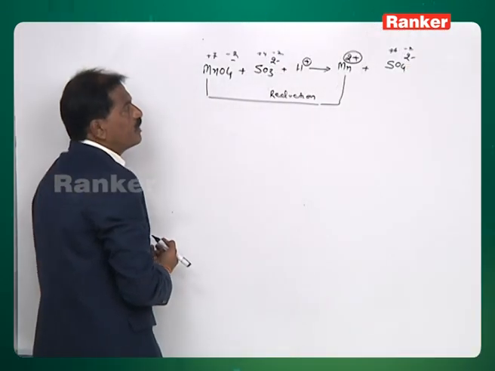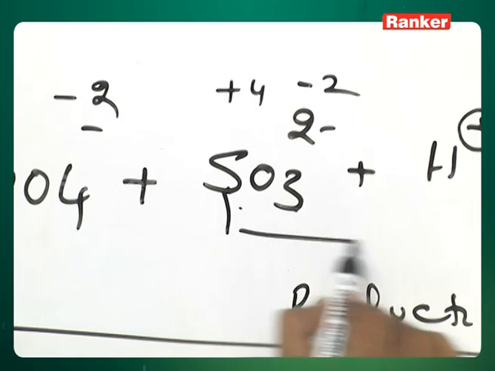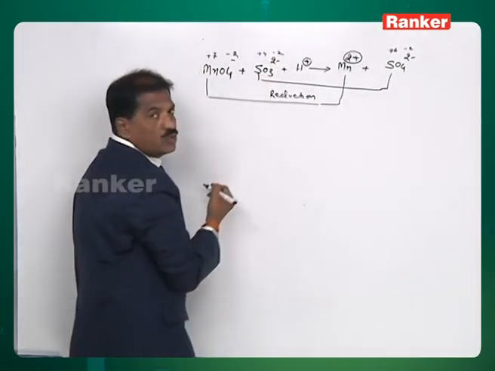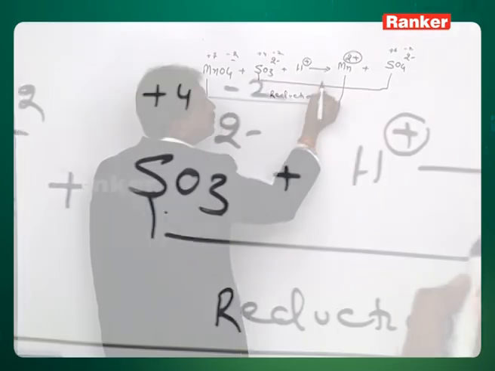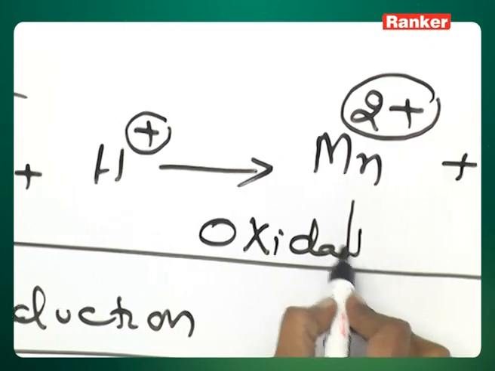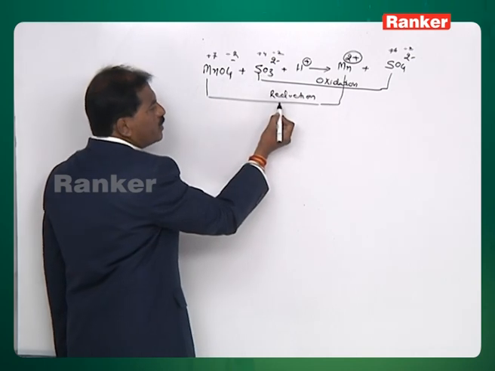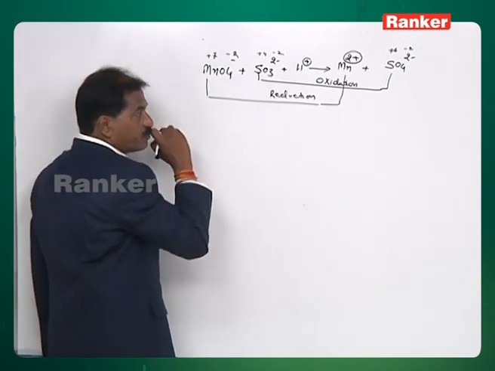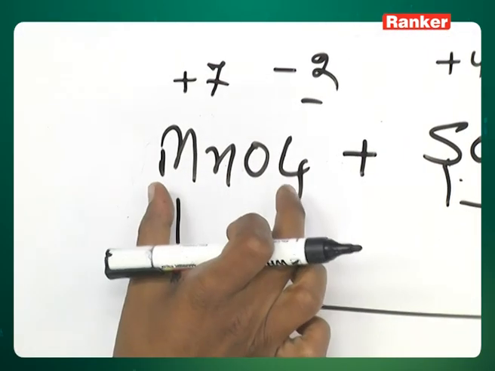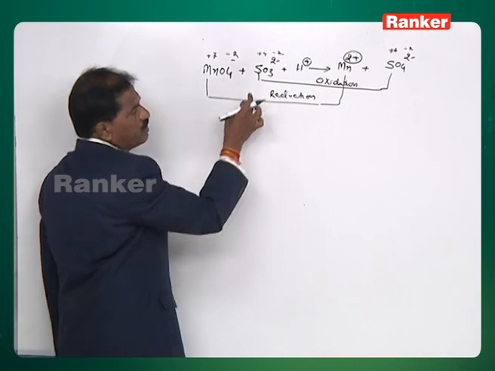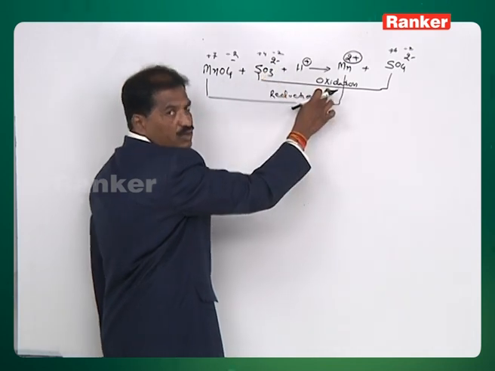For sulfur, again there is a change: +4 to +6, an increase of oxidation state, which always represents oxidation. Therefore, in this reaction manganese is undergoing reduction and sulfur is undergoing oxidation. Since manganese is present inside MnO4-, the entire permanganate is undergoing reduction. Since sulfur is present inside SO3 2-, the entire sulfite ion is undergoing oxidation.